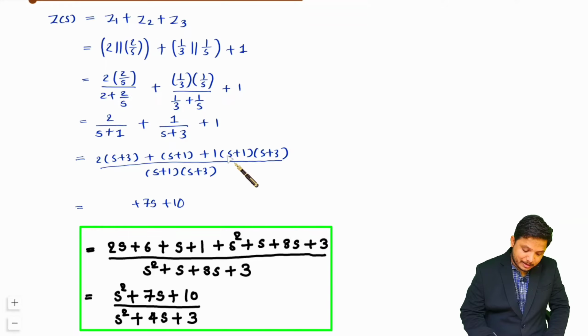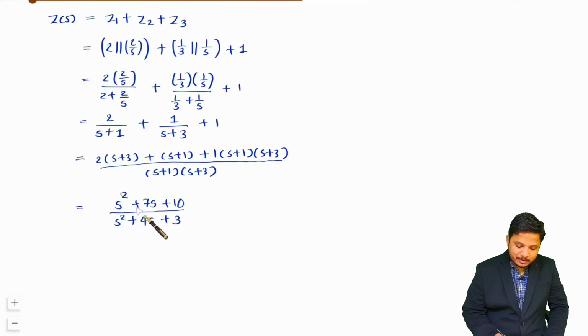And S into S squared gives S squared. Now in the denominator we have S plus 1 into S plus 3, so that is S squared plus 4S plus 3.